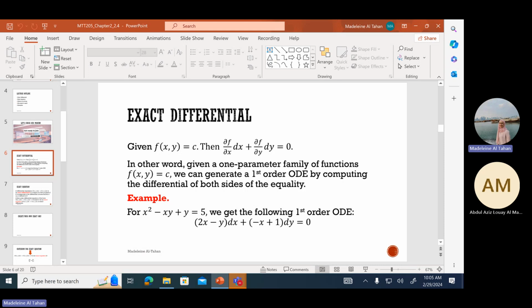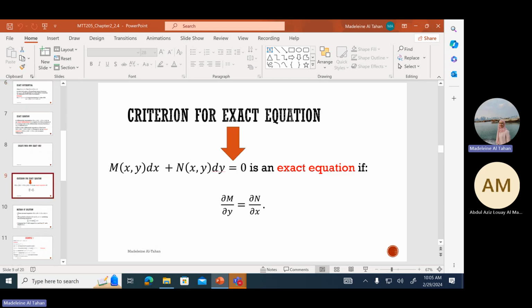Fx dx plus fy dy, differentiating the left-hand side and the right-hand side, right? What's the right-hand side? It will be 0. Now, because not all of you took partial derivatives or the chain rule before, I will skip this one, and we will immediately talk about what's meant by an exact equation.